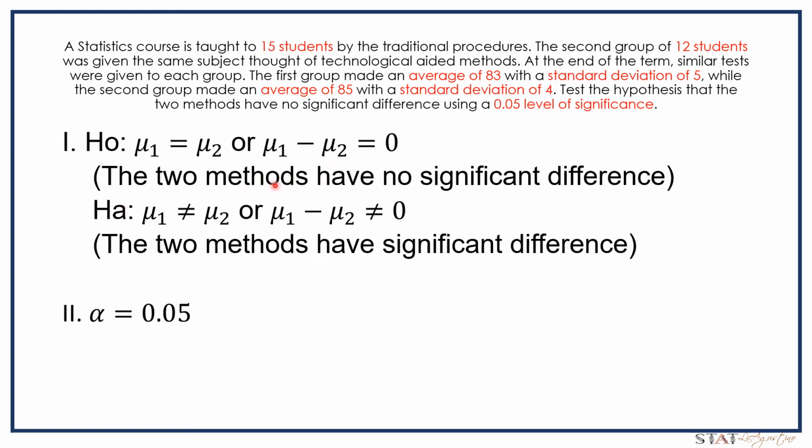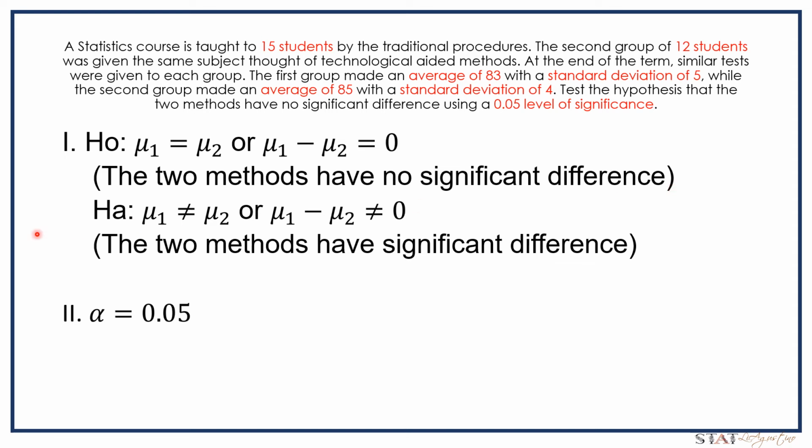In statement form, we state our null hypothesis this way: the two methods have no significant difference. Remember, the null hypothesis expresses the non-significance idea. Or we can state it this way: there is no significant difference on the two methods.